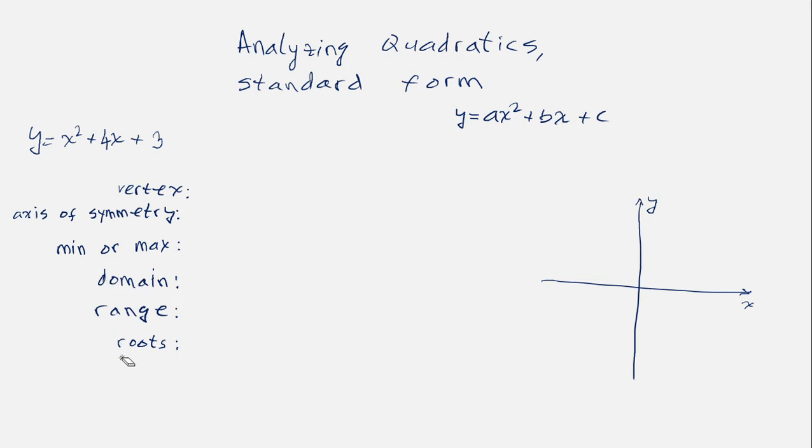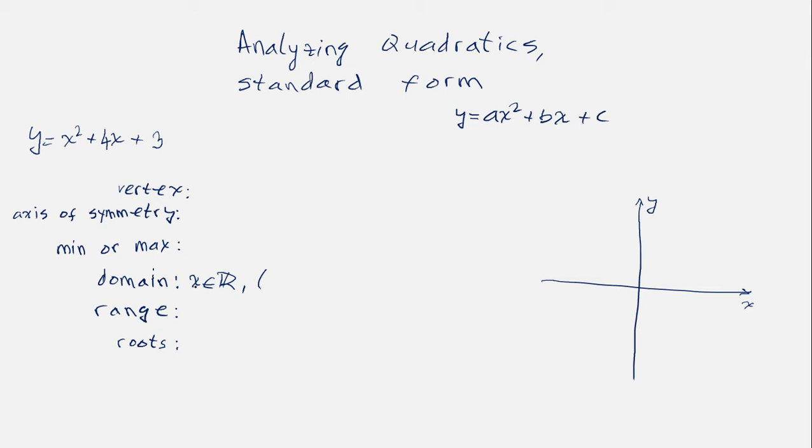domain, range, and roots. Now, to find the domain, we don't really need to do any calculation, because we know this is a quadratic function, it's a parabola, and the domain is all real numbers unless we restrict it, and we didn't restrict it.